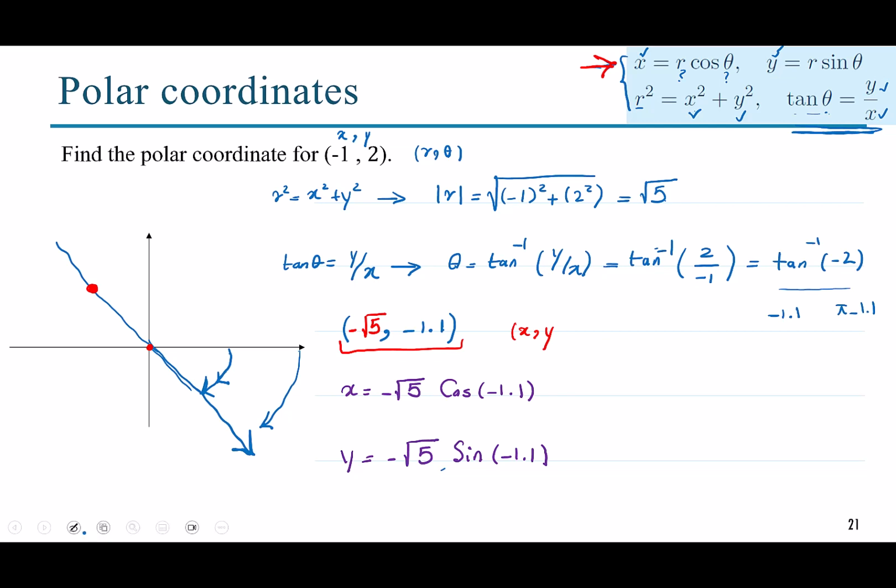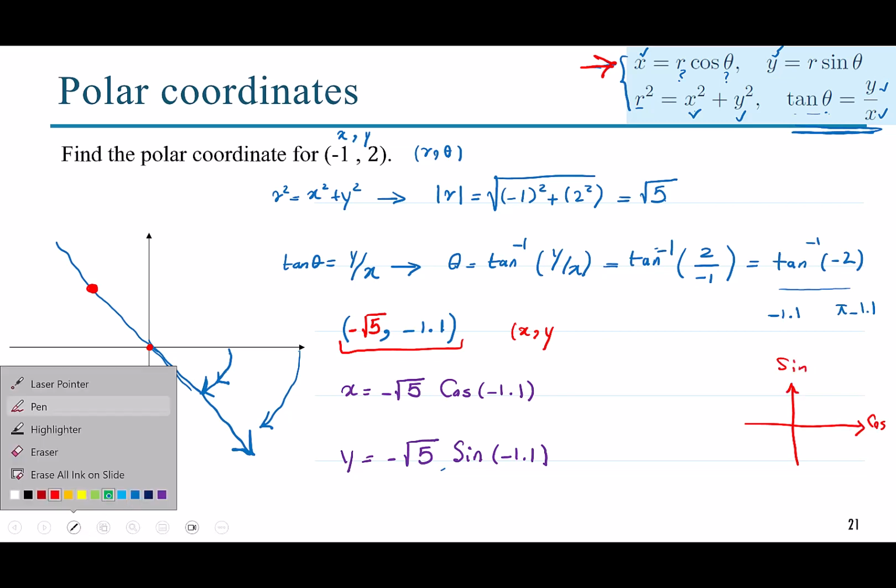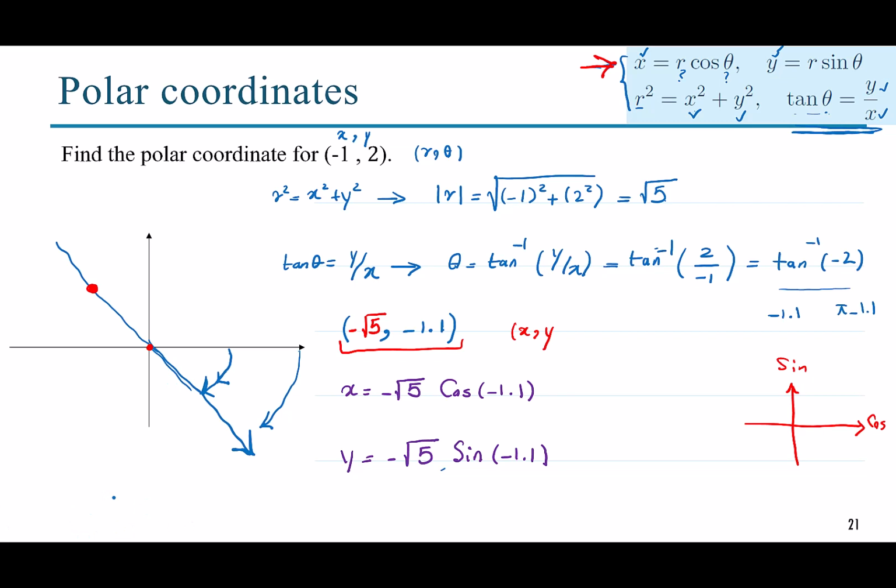If you want to check the sign, we can go back to the unit circle. And now here, my angle is in the negative direction, so this is going to be my angle. In this case, cosine is positive.